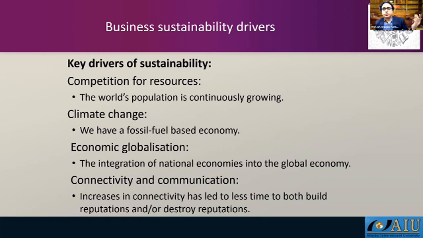In the last 2 years, they reported a 1,000% increase in their total number of users. So this international connection and communication has rapidly increased, which is obviously making a profound impact on the key drivers of business sustainability. Next slide, please.